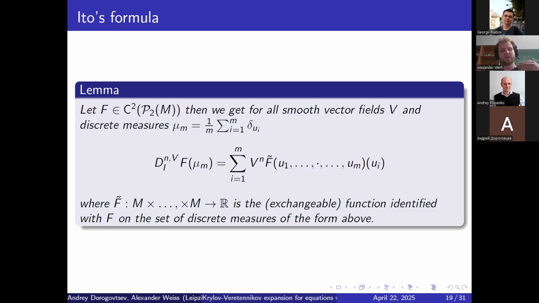And this lemma is important because if we want to prove anything for the measure valued process, we will first do it for discrete measures, where we can use usual Ito formulas, and then go to the limit and prove it for arbitrary probability measures.